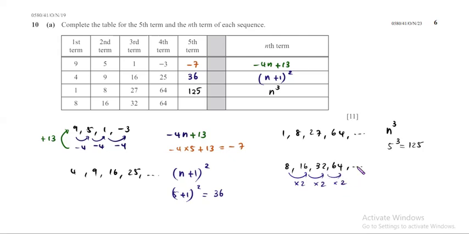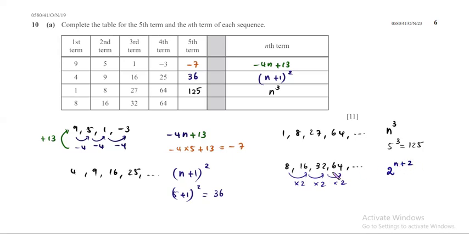As it is being multiplied by a 2, it's going to be something like 2 to the power n. But when I substitute 1 for n, this becomes 2 to the power 1, that is equal to a 2, but I need to get an 8 here. So to get an 8, the overall index should be equal to a 3. So I need to add a 2 to this n, so that becomes 2 to the power n plus 2, which means when n is 1, 1 plus 2 becomes a 3.